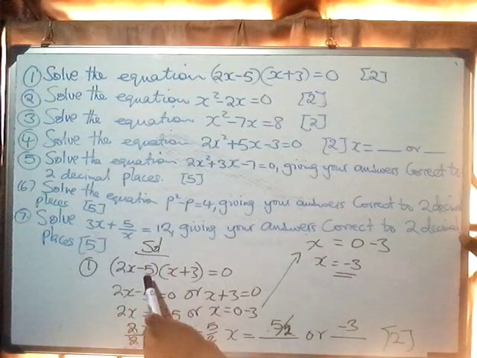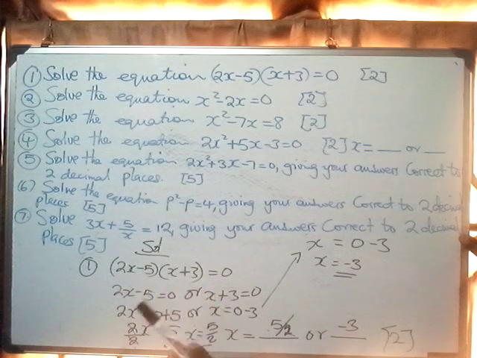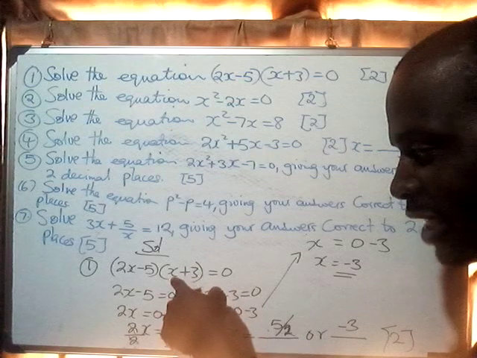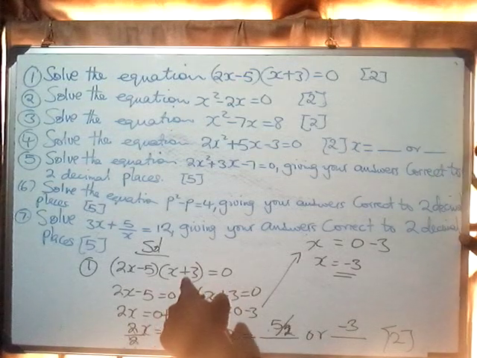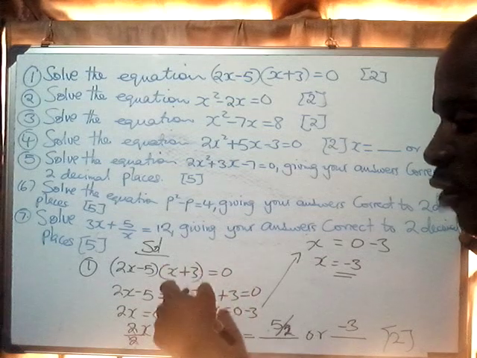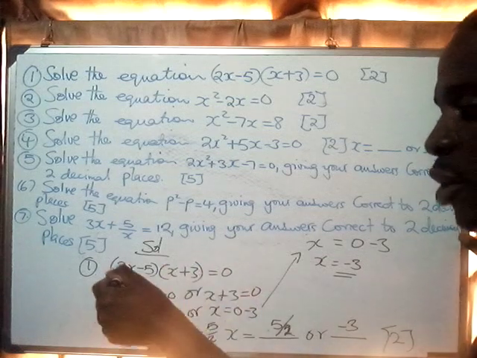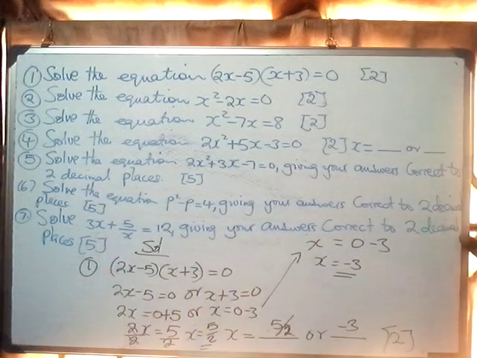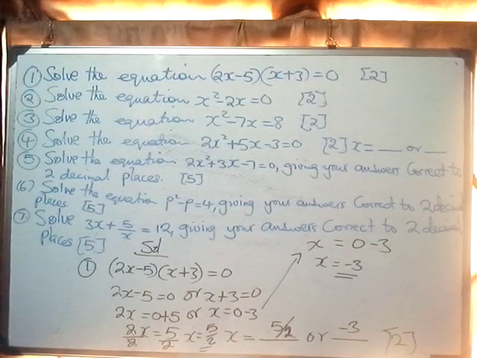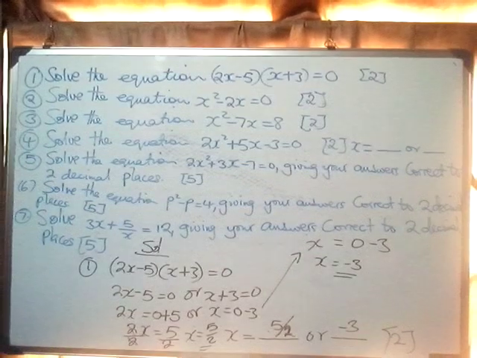So it will be 5 minus 5, the answer will be 0. So we have 0 multiplied by 5 over 2 plus 3. Whatever the answer of 5 over 2 plus 3 is, as long as it is multiplied by 0, the answer will be 0. So it has been proved that the answer is correct.